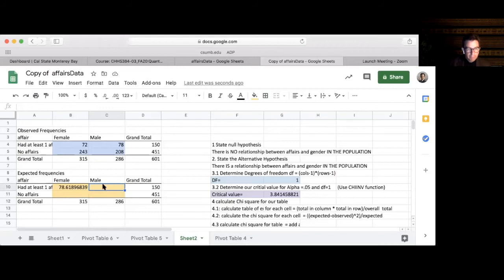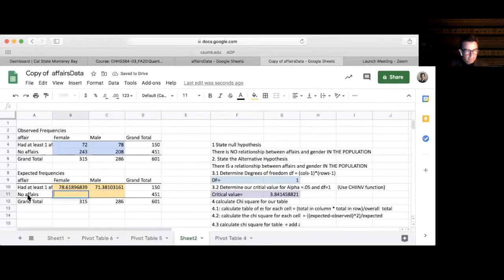Now for that one, for male that had at least one affair, the total in the column is 286, the total in the row is 150. So here equals the total in the column, which is 286, times the total in the row, 150, divided by the overall total. And we do the same for this one.